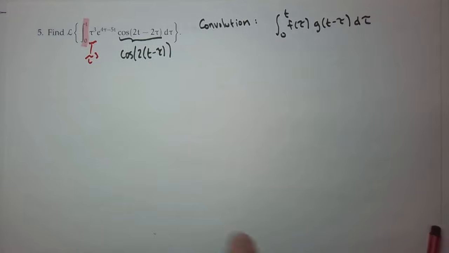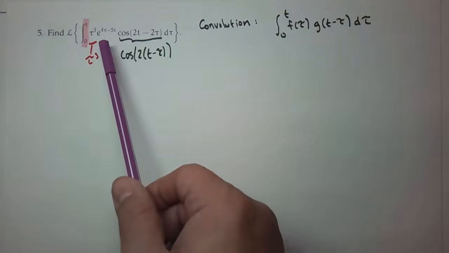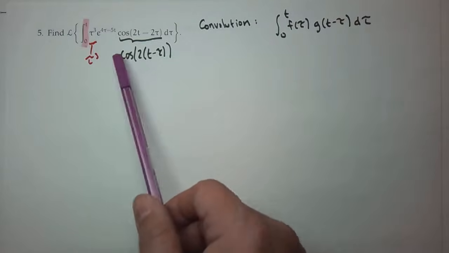And then you have that e to the 4 tau minus 5t. And how to handle that, that's what makes this problem fun. Now, there's a couple ways to do it. So I'm not going to try to pressure you. What can we do? Well, one way is if you're very creative, there are ways to break this up so you can say, I'll have a little bit go over here and a little bit go over there.